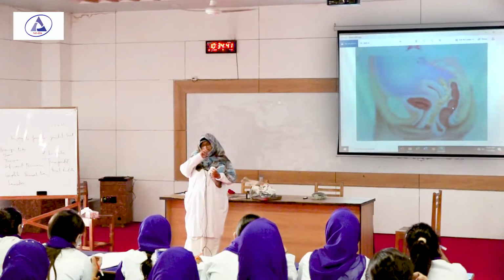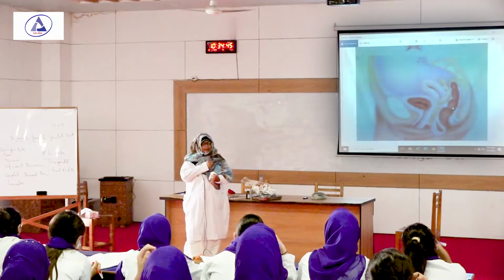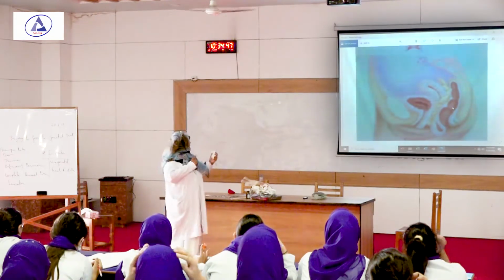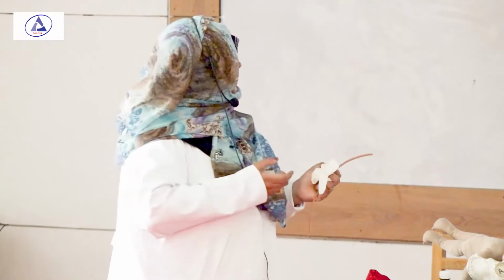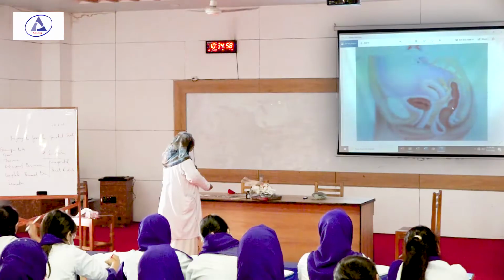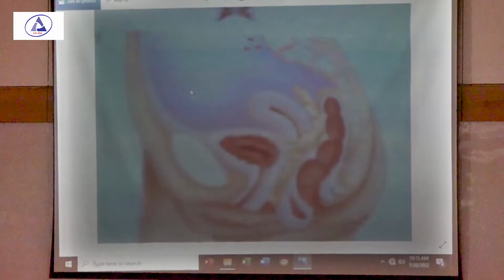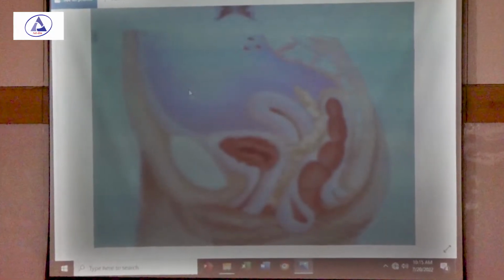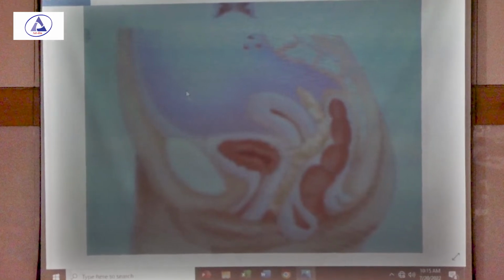What we show, we remove the cotton balls. Now imagine, if you imagine that fistula in the ureter, in the exam always you are asked about the 3 swab test, 3 cotton ball test. If injury to the ureter is here, from here it comes, and I put the 3 cotton balls here.